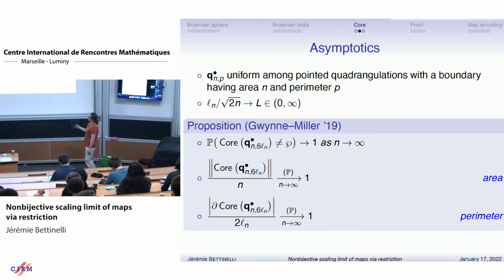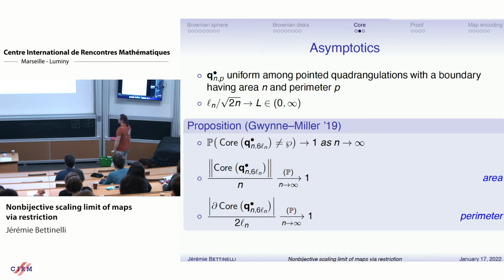The probability that the core is equal to this cemetery point goes to 0. It means that most likely the core will be well defined, will be really a map, not a cemetery point. And the area of the core is of order n, and the perimeter is roughly a third of the original perimeter.